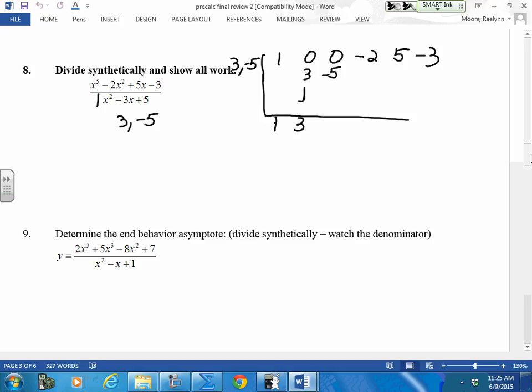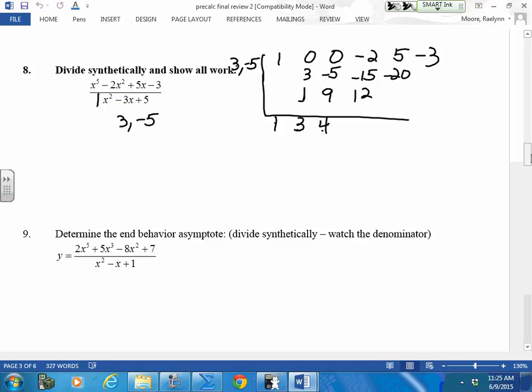Then we do it again. 3 times 3 to the right. Negative 5 times 3 to the right. Stop and add this one down. Remember doing this? 3 times 4 to the right. Negative 5 times 4 to the right.